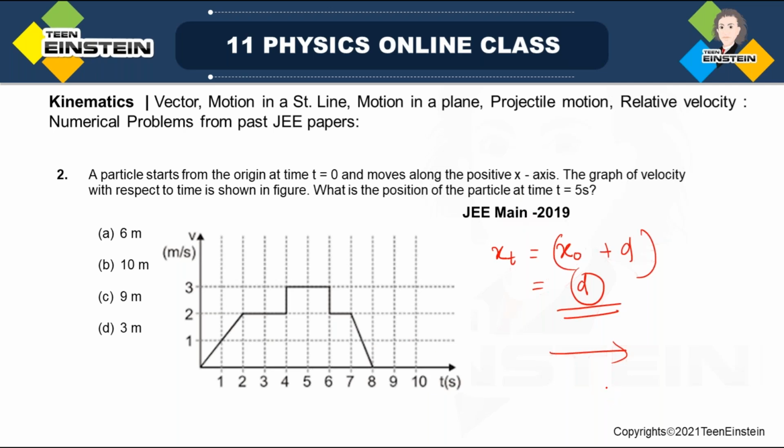In this case, it is always moving in the positive x direction, so no worries here. So we have to find out the distance traveled during these 5 seconds. How much distance is it traveling during these 5 seconds?